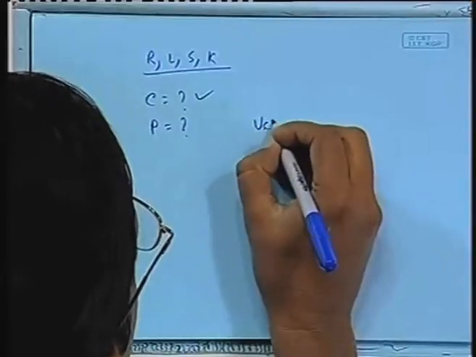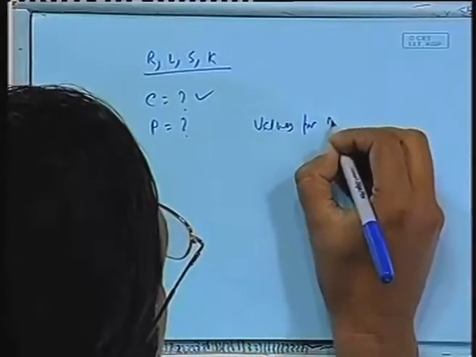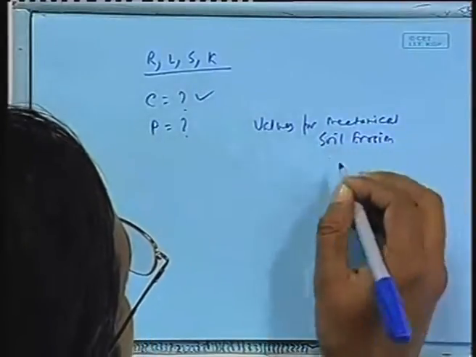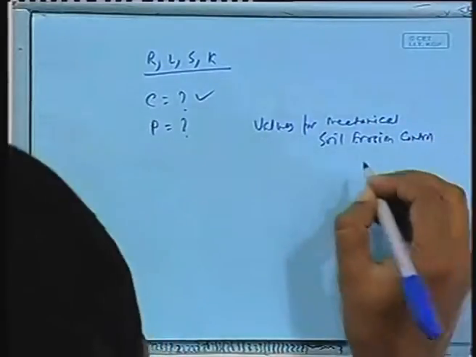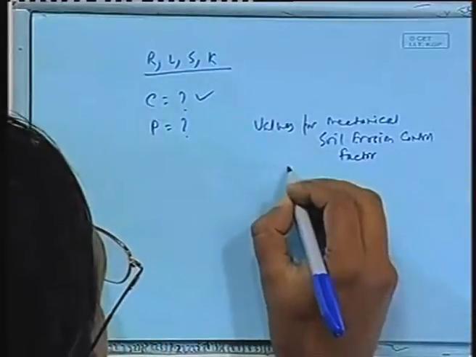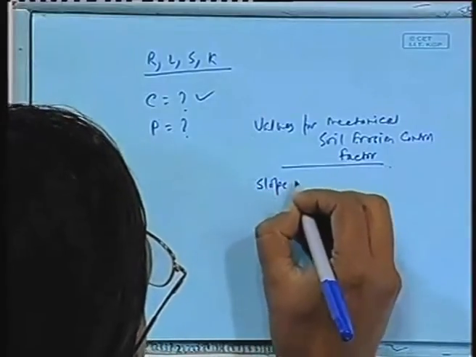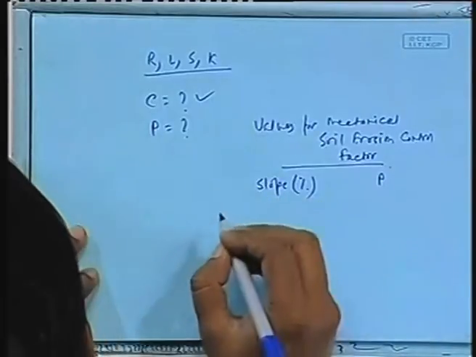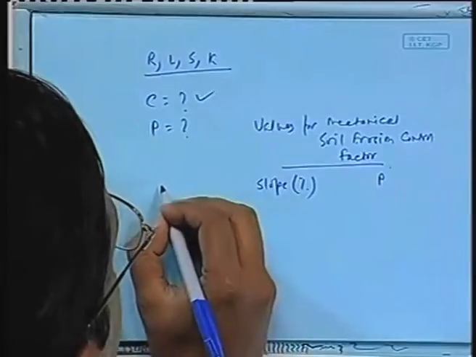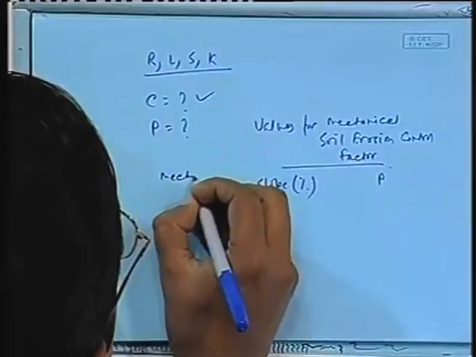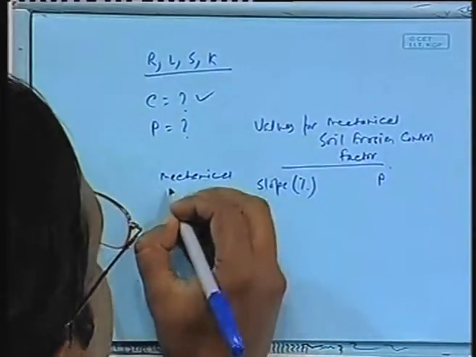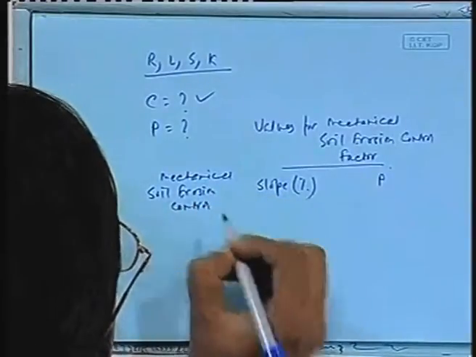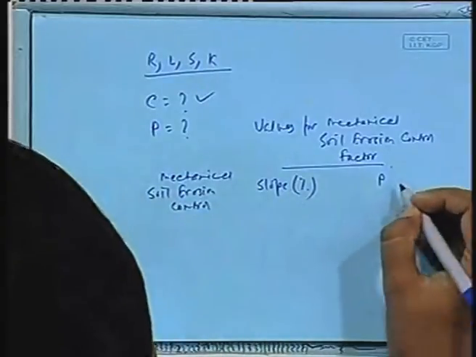The values for the mechanical soil erosion control factor: slope percentage and P. Mechanical soil erosion control, and this one is the value of P.